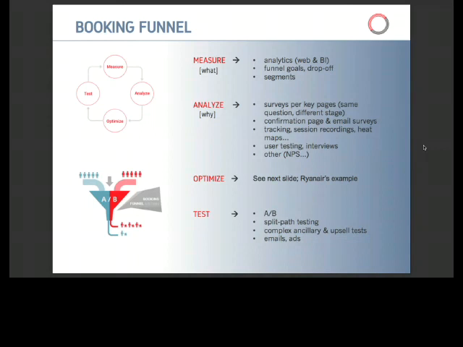In addition, what I think is very important is to segment this. Apply different segments, because the high-level funnel overview will give you some information, but usually the important information is in the details.